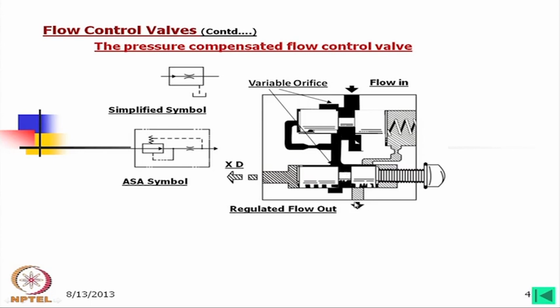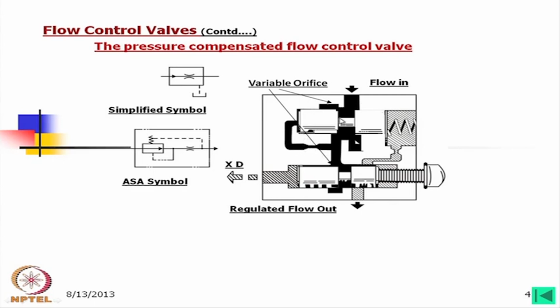Suppose there is an increase in the pressure. Once there is an increase in this pressure, definitely there will be a change in flow, because in this orifice there will be a change in pressure difference. Once this flow is changed, then the flow will occur through this orifice.